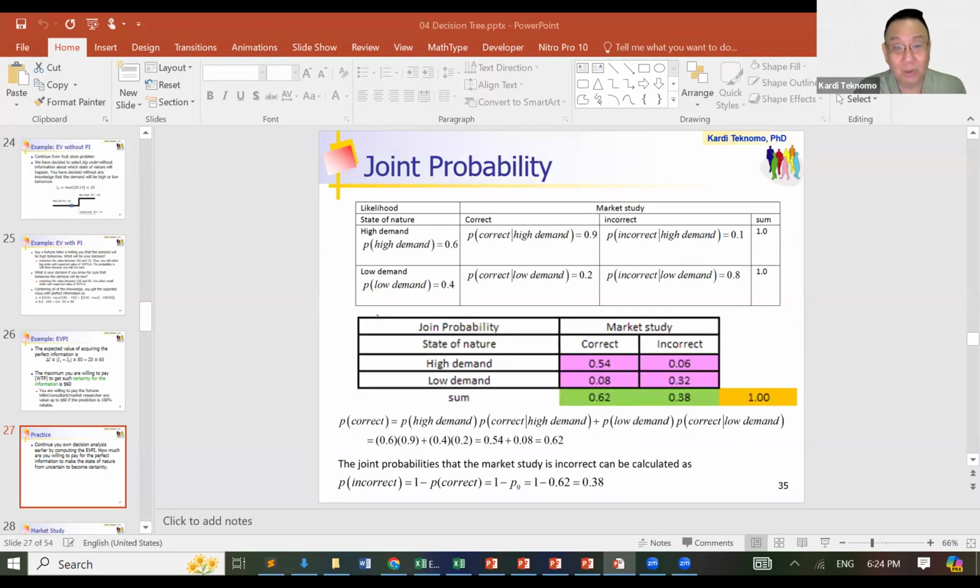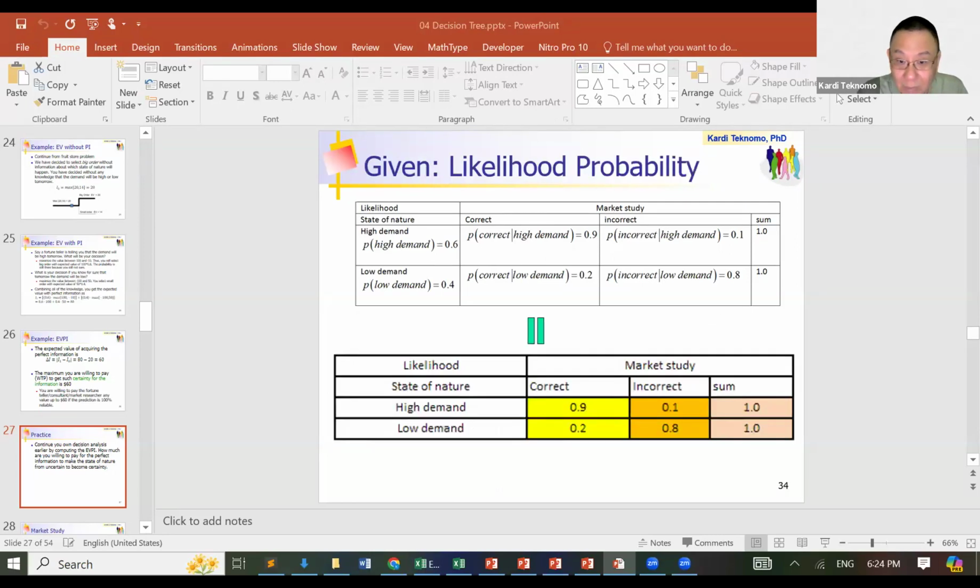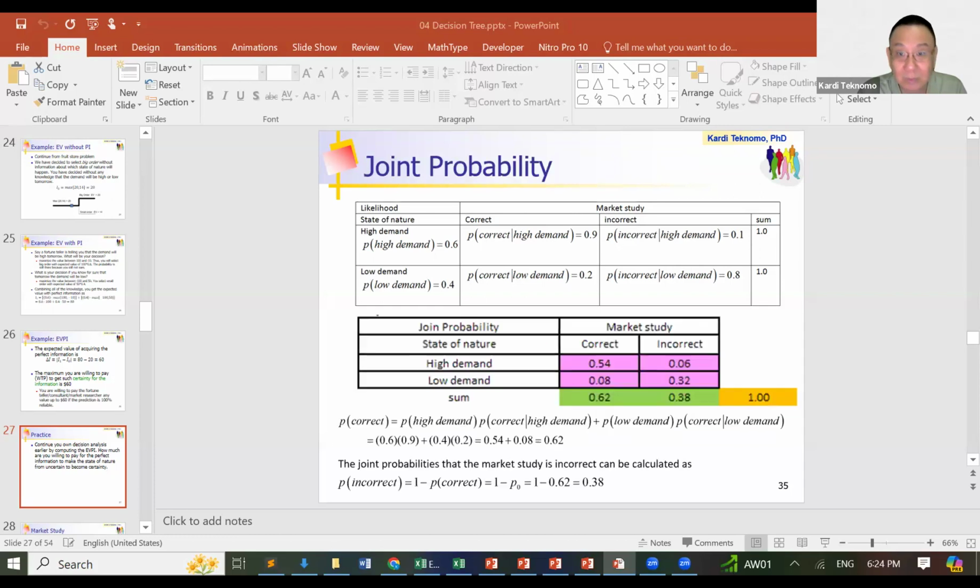To compute the posterior, you need to compute the joint probability. So first, you compute the joint probability. How do you compute that? This is given, and this is given, isn't it? This one 0.9, 0.2. So the top table here is given. To compute the joint probability, you just multiply 0.6 multiplied by 0.9.